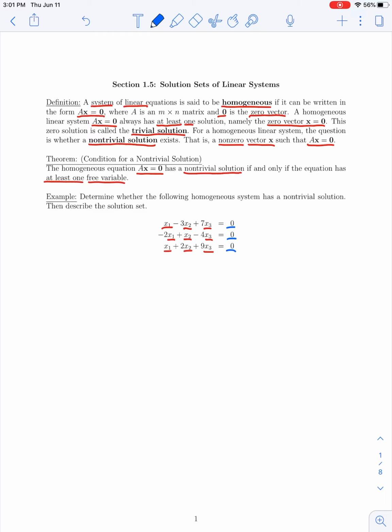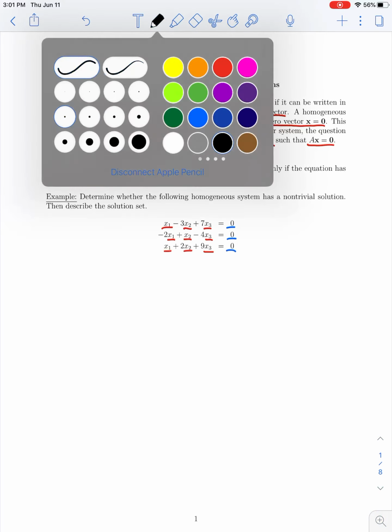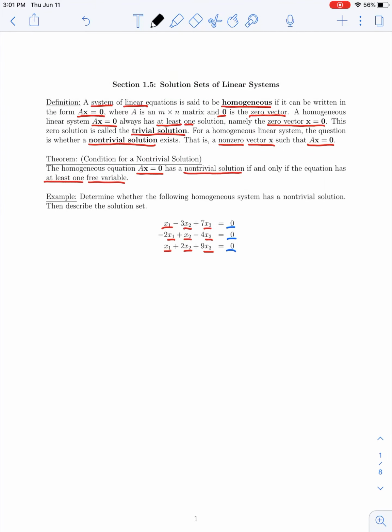Just for a little review of what we've seen in earlier sections, recall that we could express this linear system as a matrix equation by writing it in the form AX equals B, where A is the coefficient matrix for this system. Our first row would be 1, -3, 7. Our second row is -2, 1, -4.